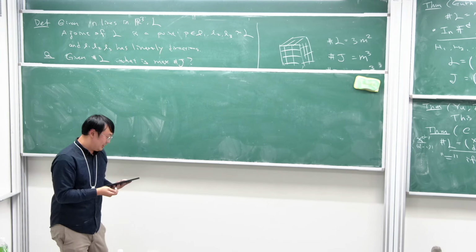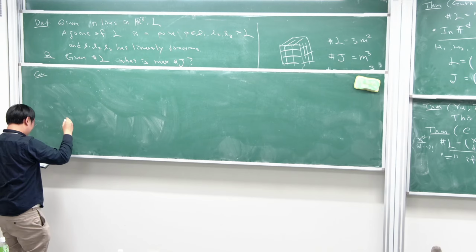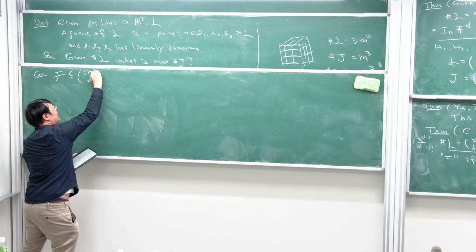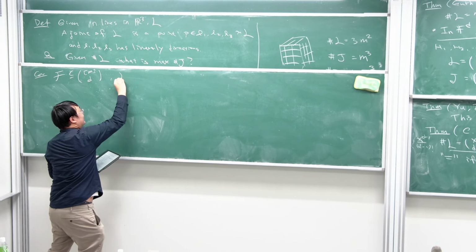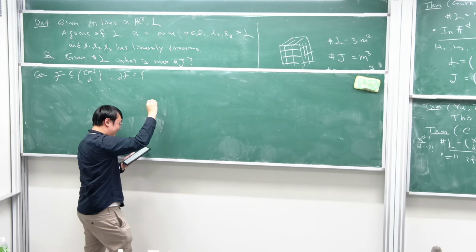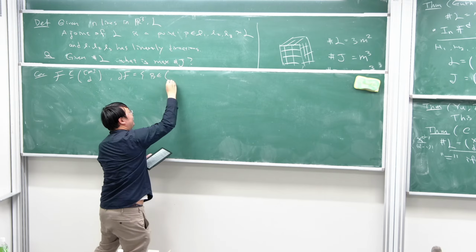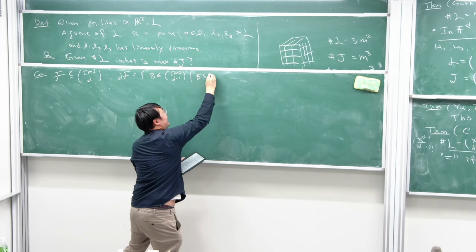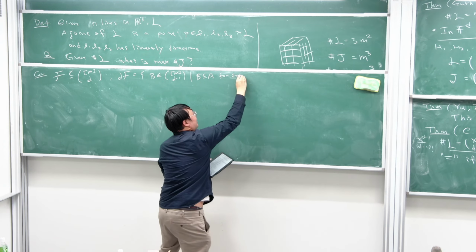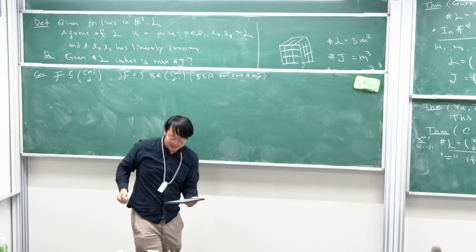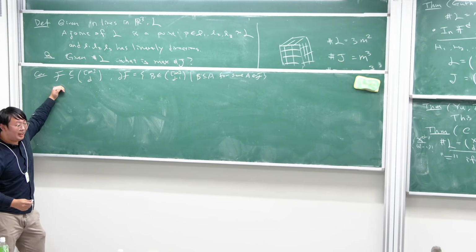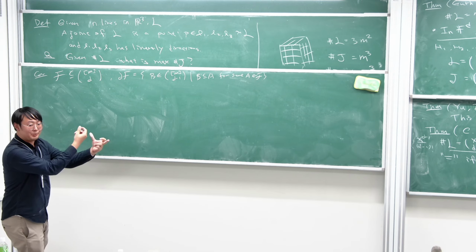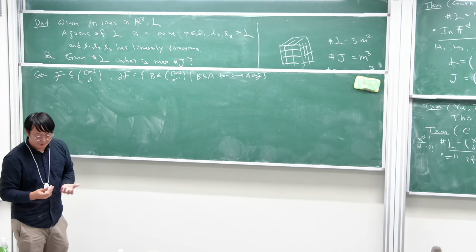And for more general d, the Lovász version of the Guth-Katona theorem says that if you have a family F in m choose d, and you look at the shadow of F, which is defined to be any set B of size one smaller, in m choose d minus 1, such that B is inside A for some A in your family F. So basically you are taking a family F that consists of some sets of size d, and for each set of size d you drop any possible element and you collect them. That will be the shadow of F.